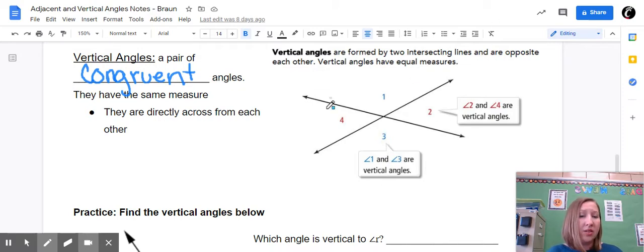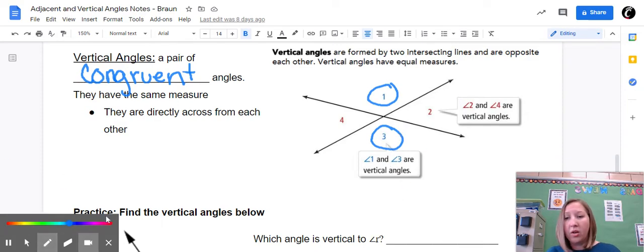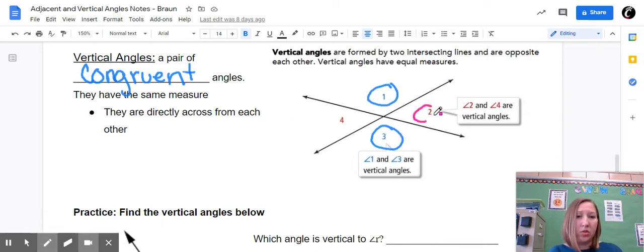So if you look up here at this example, vertical angles are formed by two intersecting lines and are opposite each other. So vertical angles are going to have equal measures. That means over here, my angle 1 and angle 3 are vertical angles, and also angles 2 and 4 are vertical angles. So that means that they have the same measure.